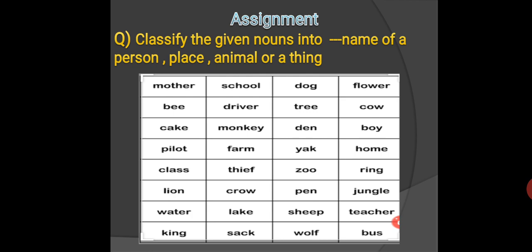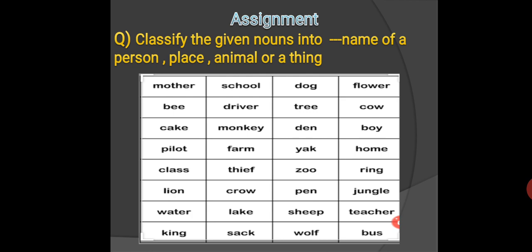All these are different nouns. All these are words, and the words are having names. So all these words are called naming words. And as it is a naming word, what is its other name? None other than nouns.